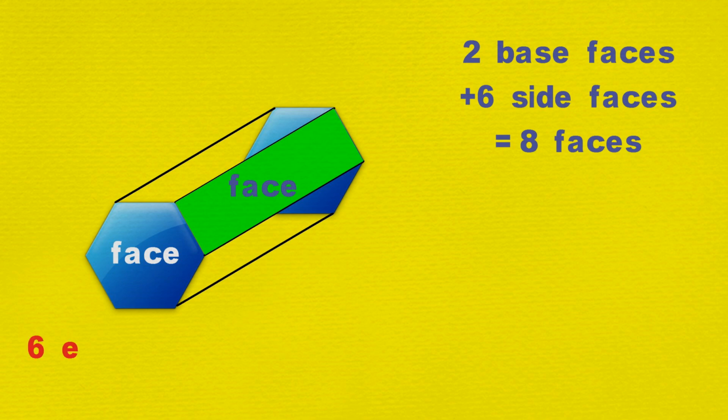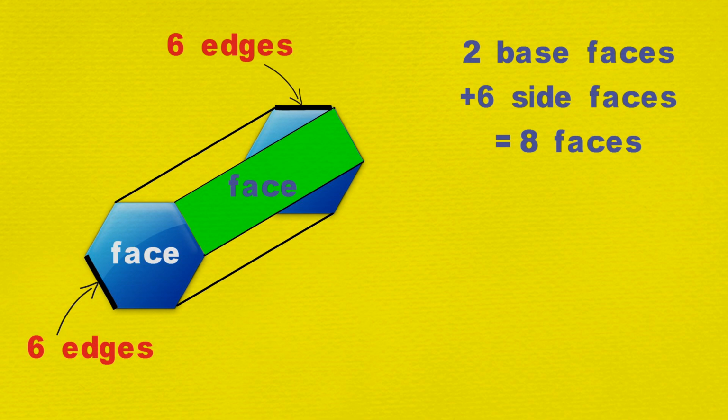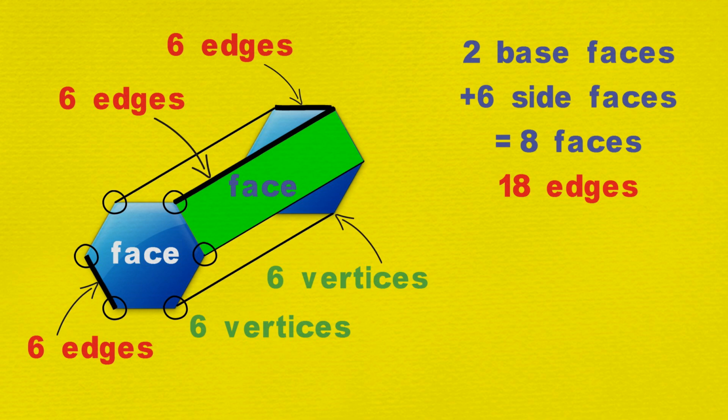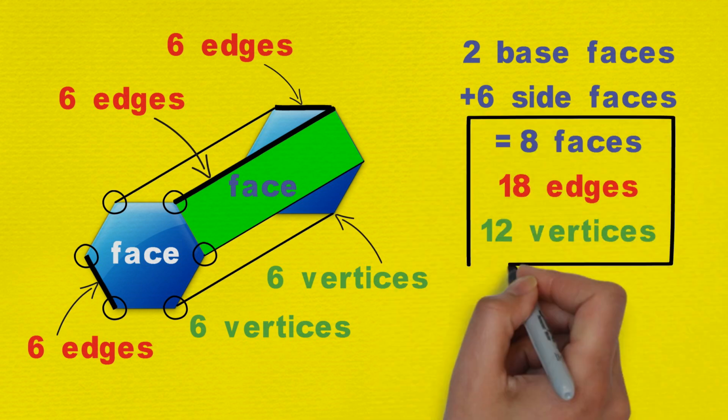There are 6 edges around each of the two hexagonal bases, making 12 edges, plus another 6 edges between the 6 rectangular faces, making a total of 18 edges. There are 6 vertices around each of the two hexagonal bases, making a total of 12 vertices.